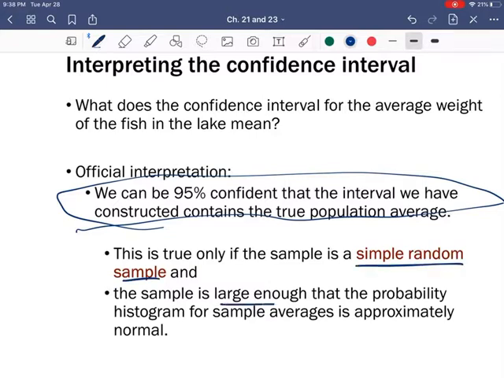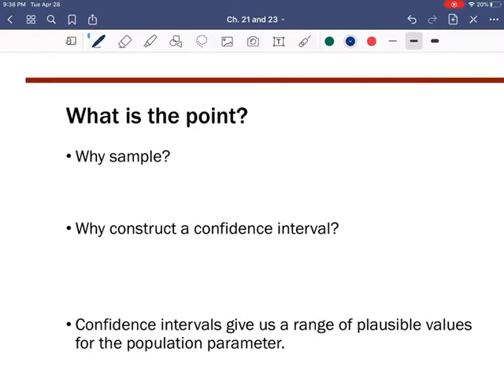This is only true if it is a simple random sample and it is large. So large means more than or equal to 30. So as long as you're working with a sample that's at least 30 data values and it's a random sample, you're good to construct a 95% confidence interval.